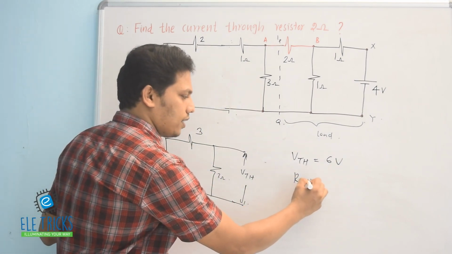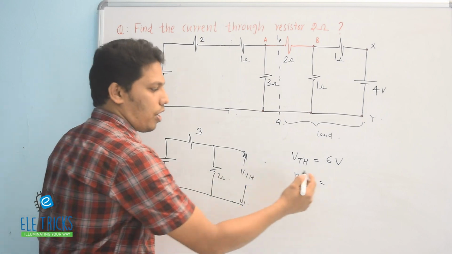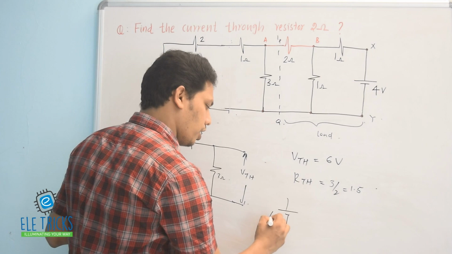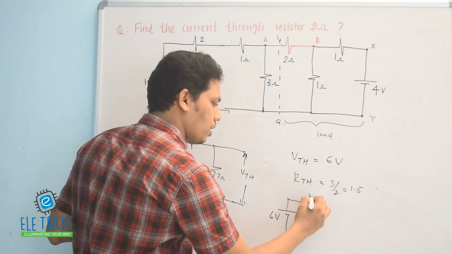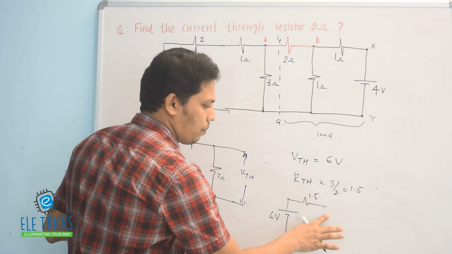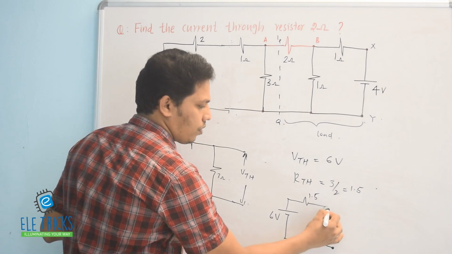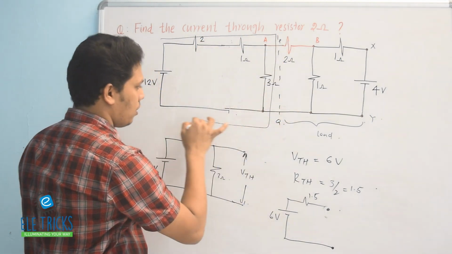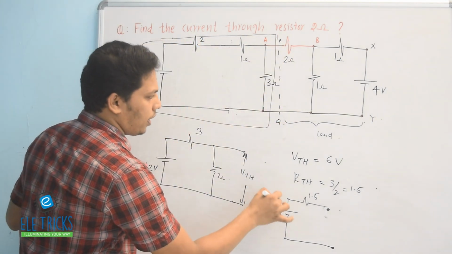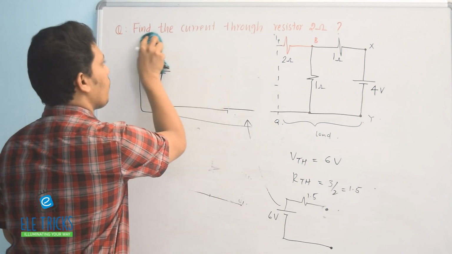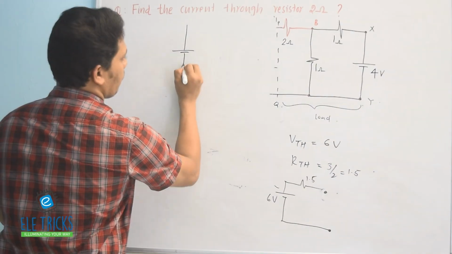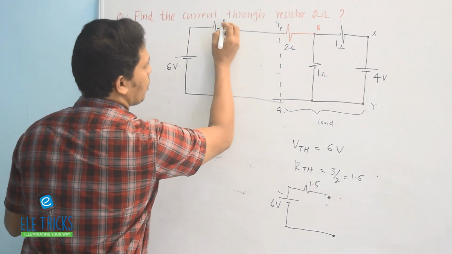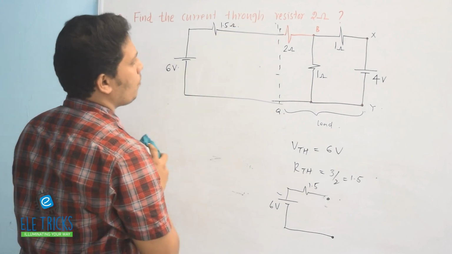What is RTH? 3 parallel to 3, so the effective is 3 by 2, that is equal to 1.5 ohm. So 6 volt in series with 1.5 ohm. Okay. Then I remove my first part and connect the Thevenin equivalent here: 6 volt in series with 1.5 ohm.